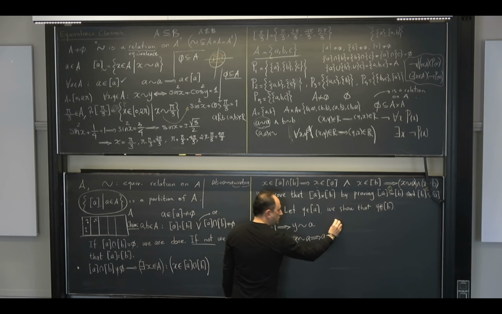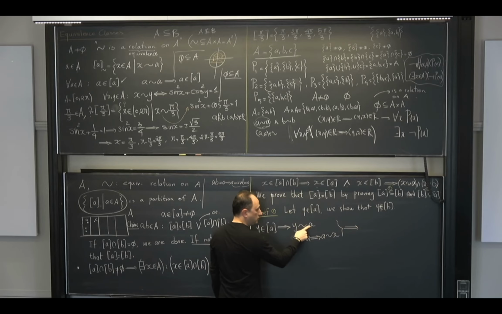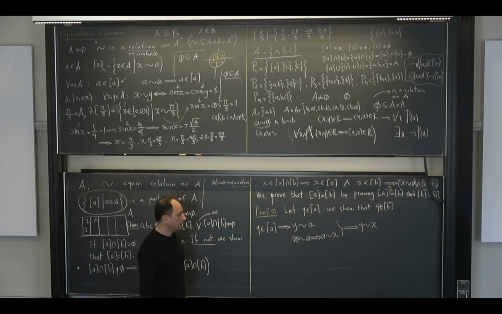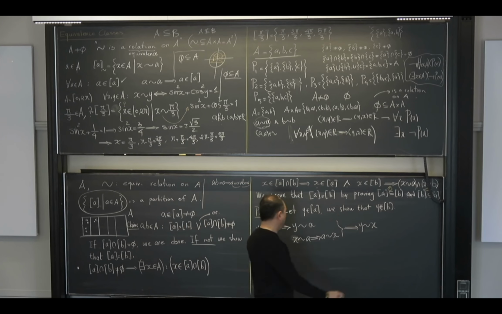And now put these together. Y is related to A is related to X. By transitivity, it means that Y is related to X. Is that right? Okay, but now I have one more thing here.